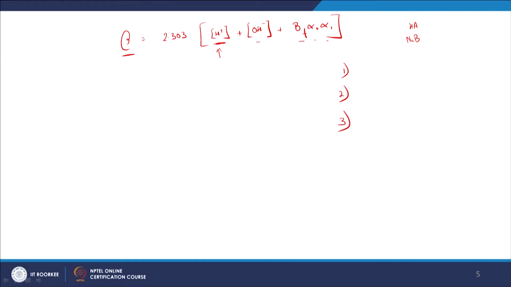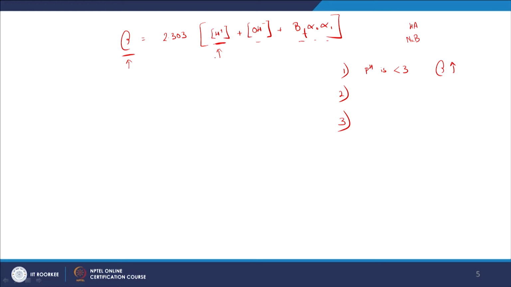So, think of this now: when the H plus concentration is high, the buffer intensity is going to be high, right. So, what does that mean? When the pH is very low, let us say less than 3 or so, you are going to have a high buffer intensity.